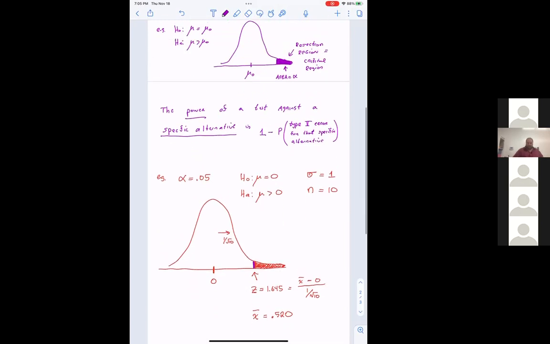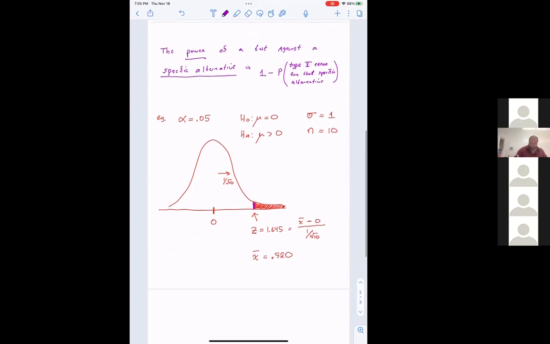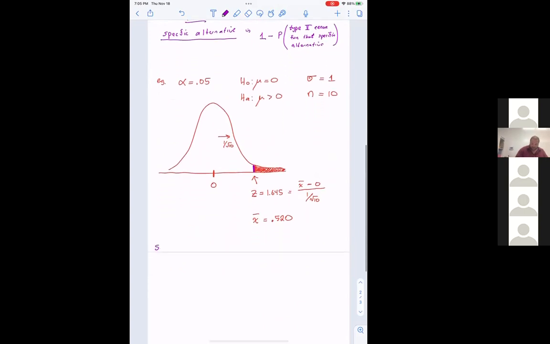Now, if I do reject the null hypothesis, it's because I think the mean is greater than 0. So for this particular example, suppose mu is actually equal to 0.8.